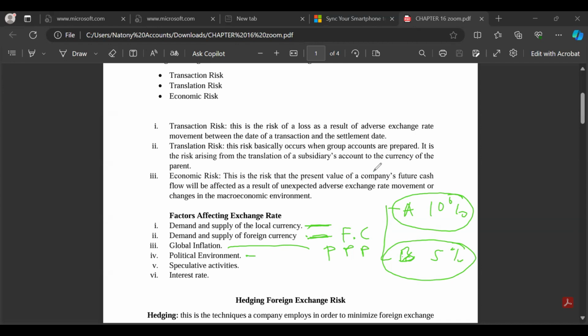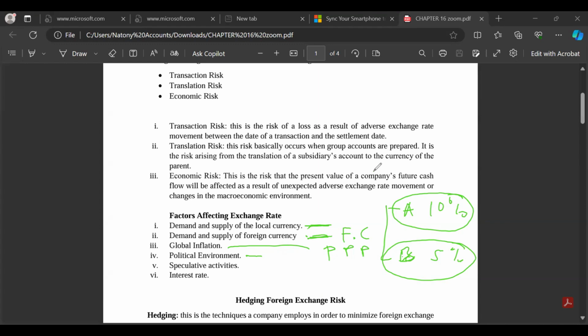The next is political environment. The political environment has to do with so many things. If there is instability in a country, it means that investors wouldn't want to invest in such an economy, and there will not be more of the foreign currency flowing into the country.